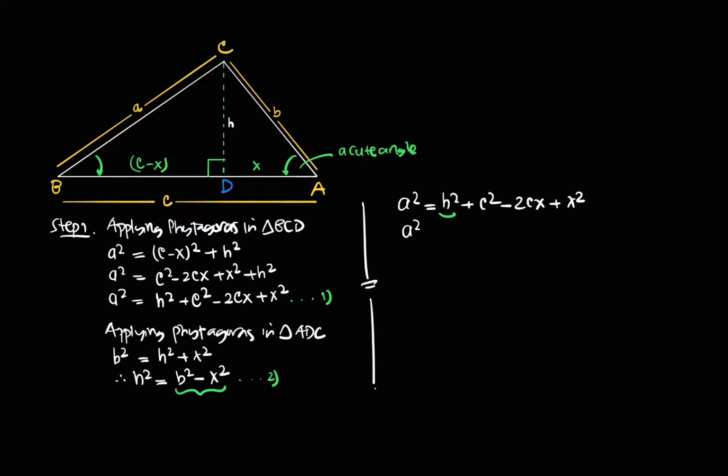Then we get b squared minus x squared plus c squared minus 2cx plus x squared. Then we can cancel this. So we got the final equation, a squared equals b squared plus c squared minus 2cx.